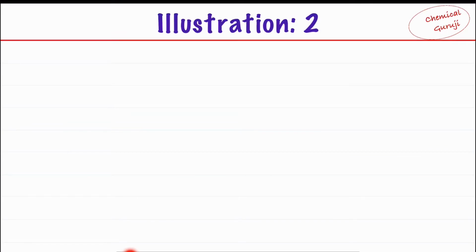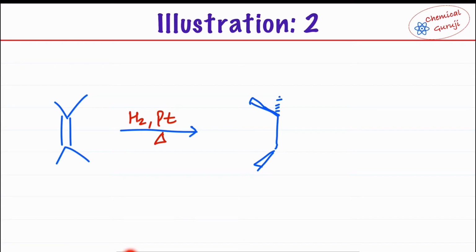Let's see the next example. In this example I'll explain some more aspects of this reaction. So this is an alkene and the alkene is getting reduced in the presence of catalytic hydrogen, and we can see that the hybridization is getting changed. This is sp2, this carbon is sp3.